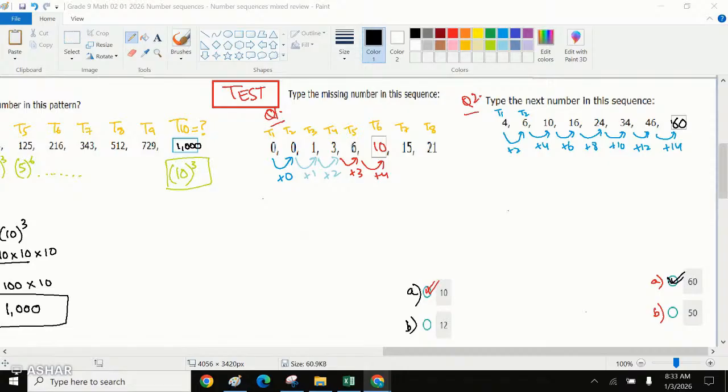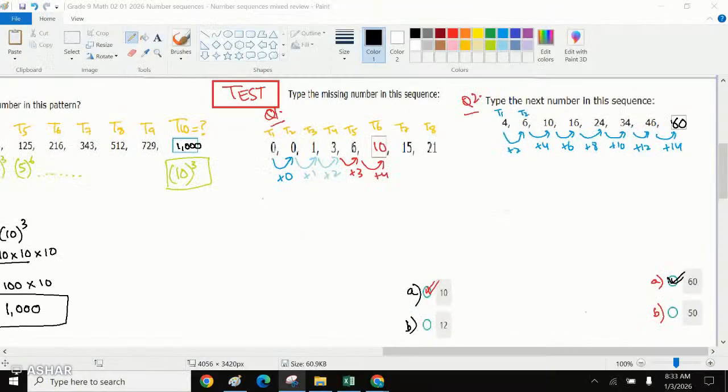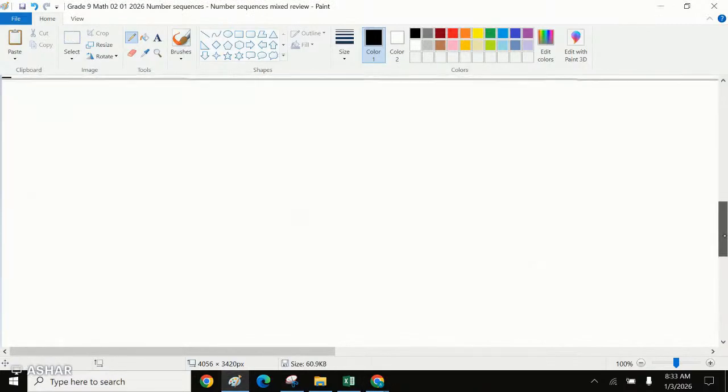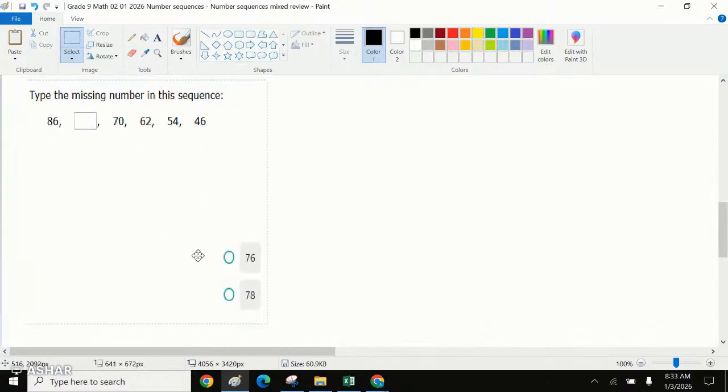Can I have the answer to the next question? Let's see what answer we have and who can give the correct answer, right? Question number 3 from the test will be this. Let's do question number 3. Option A or option B?